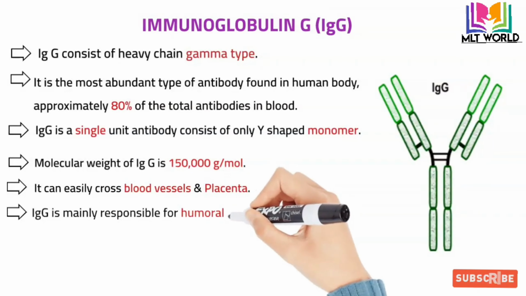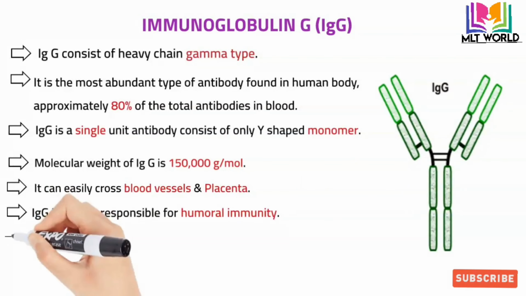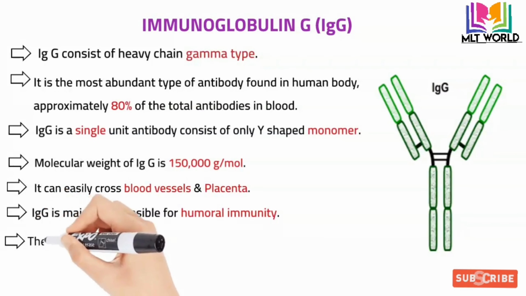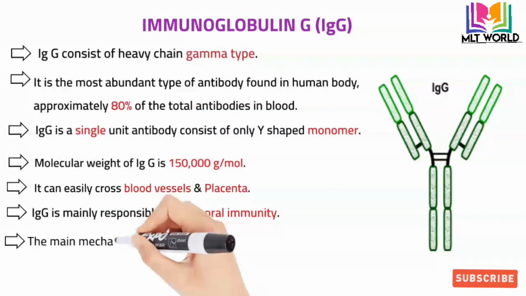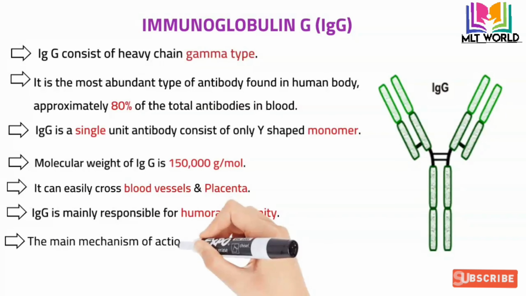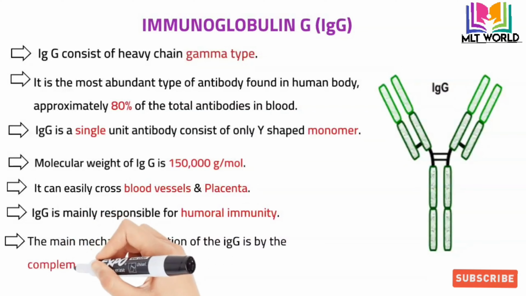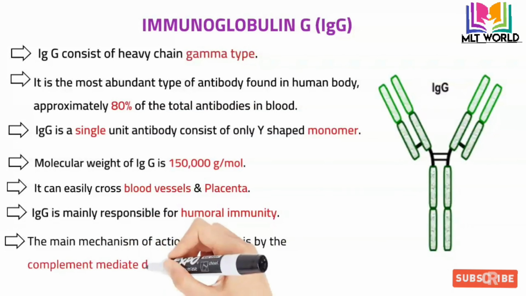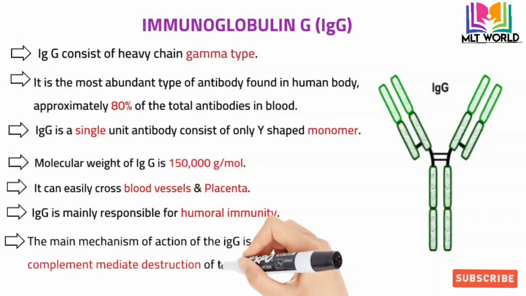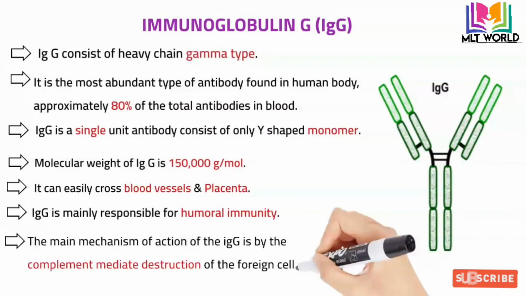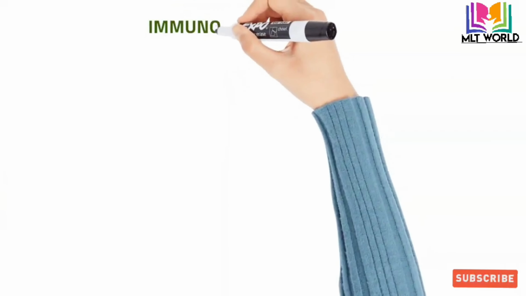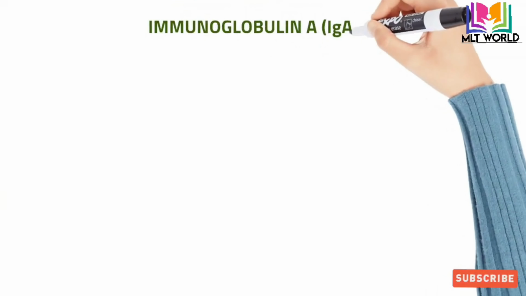The answer will be IgG. IgG is mainly responsible for humoral immunity, and its main mechanism of action is complement-mediated destruction. That is a separate topic we will discuss in another video.